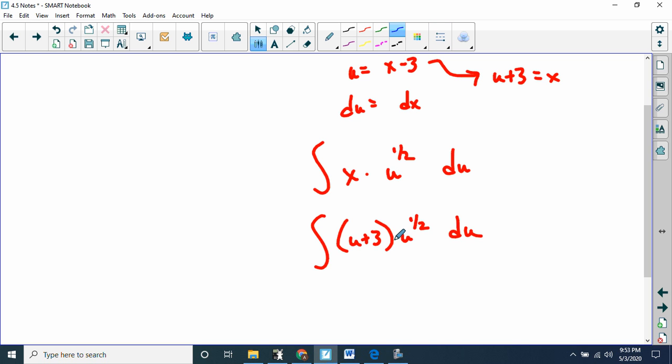I'm still multiplying here, so I can't integrate yet. We're going to distribute this. When I multiply, I add exponents, 1 plus 1/2, 3/2. Here I've got 3u to the 1/2, and now it's something we know how to integrate.